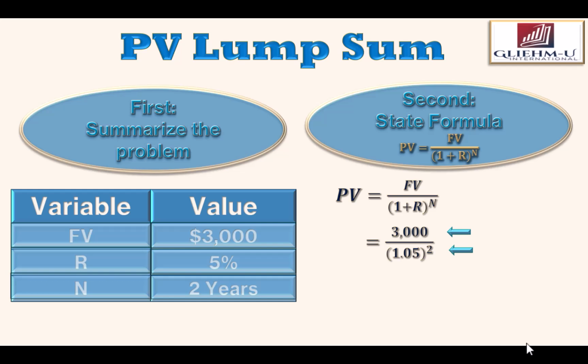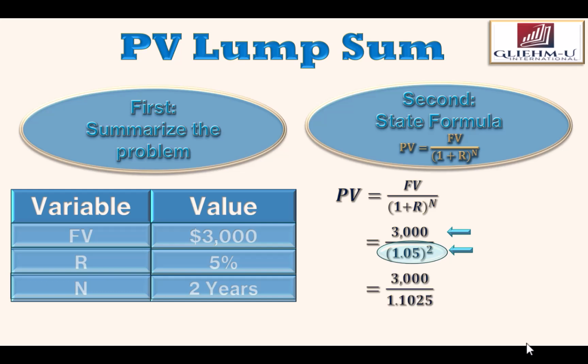So 1 plus the 5% rate is 1 plus 0.05, which is 1.05. We're going to raise that to the power of n, and the problem summary tells us that n is 2. So our exponent is 2. Now we simply need to find out what 1.05 squared is equal to. That's the first thing we will do.